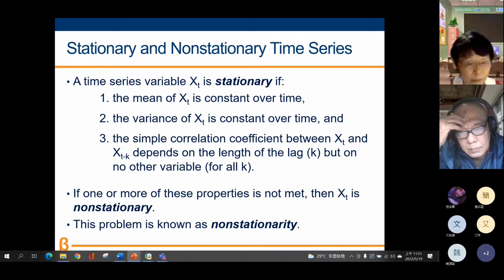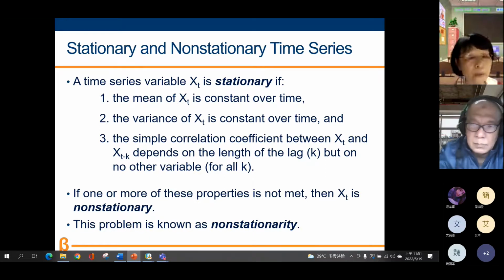I'll mention again. One is the forecasting purpose, which doesn't work. The second is that all the regression results under spurious regression are unreliable.